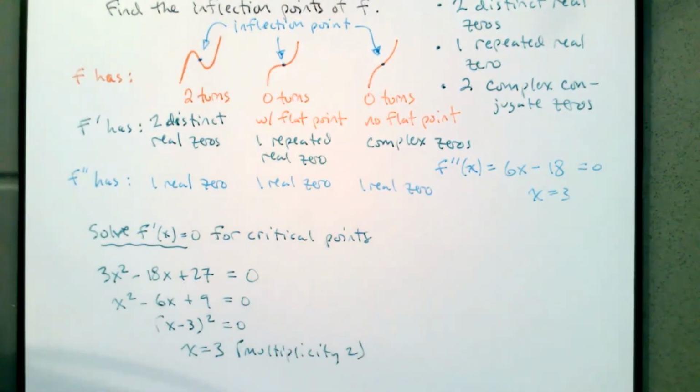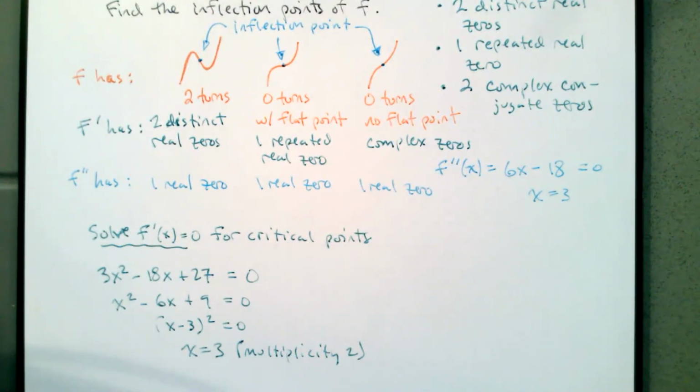We have a repeated real zero. So that tells us that the function goes flat at 3. But when we plug 3 into the second derivative, we can see there's no concavity at 3. So that doesn't work. So we can also check the sign of the derivative before 3 and after 3.